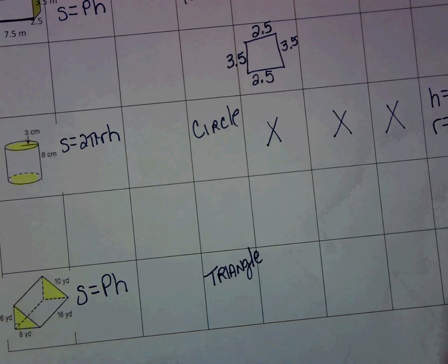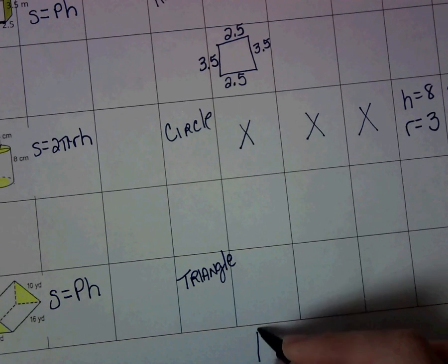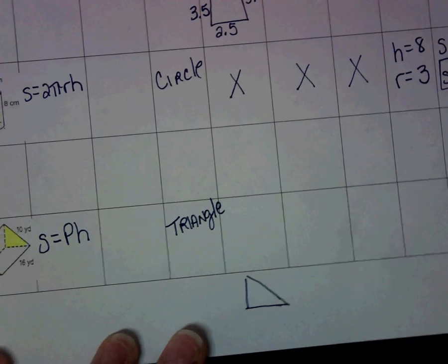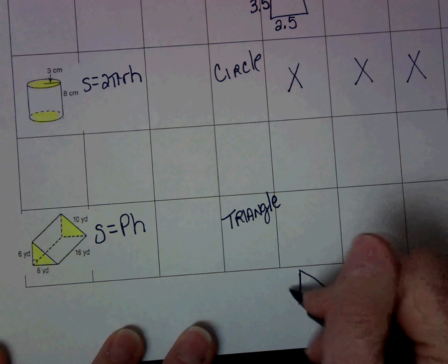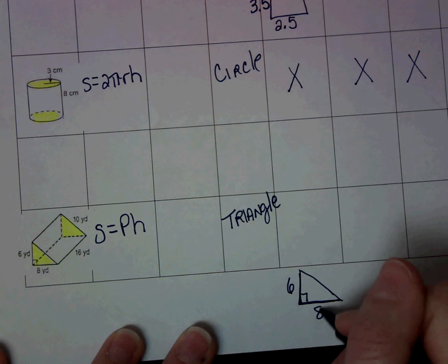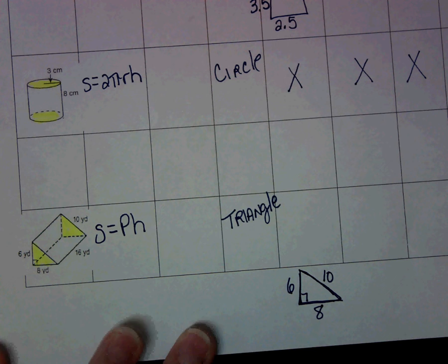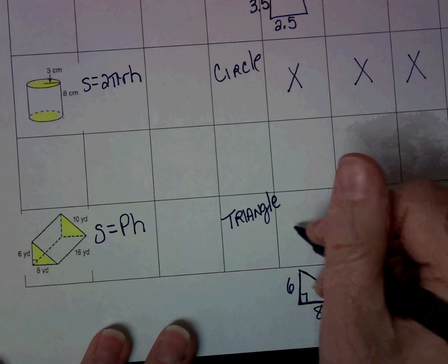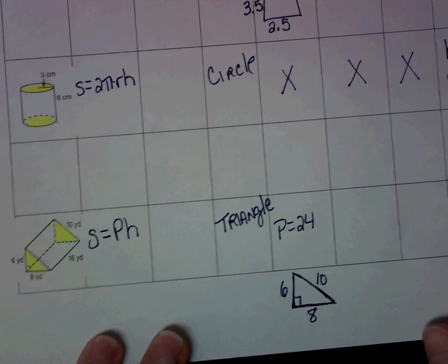Since we need to find the perimeter of the base, one little tip is to go ahead and draw your shape separate from the figure. We know that this is 6, this is 8, and from here to here is 10, I hope. Now to find our perimeter, we're just going to add all the sides. The perimeter should be 24.